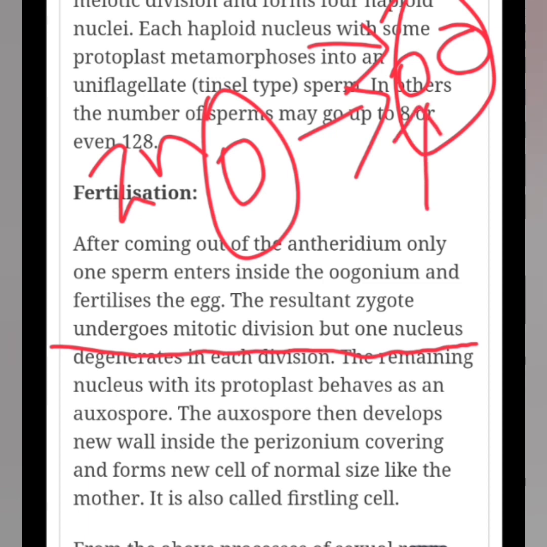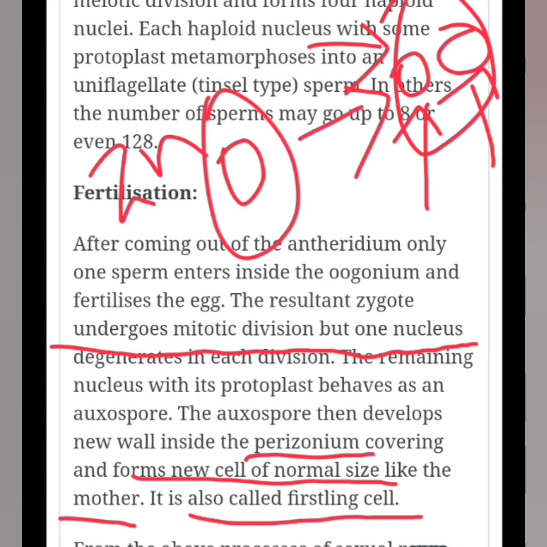This remaining nucleus will behave as an auxospore. Then the auxospore will develop a new wall inside the perizonium covering, and it will form a new cell of normal size like the mother, which is also known as the initial cell.